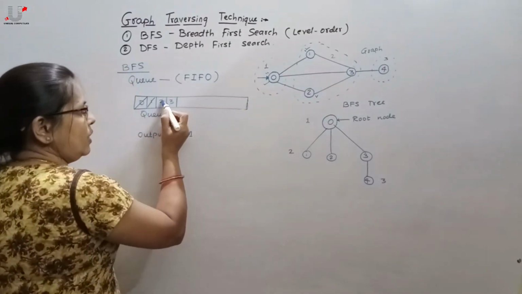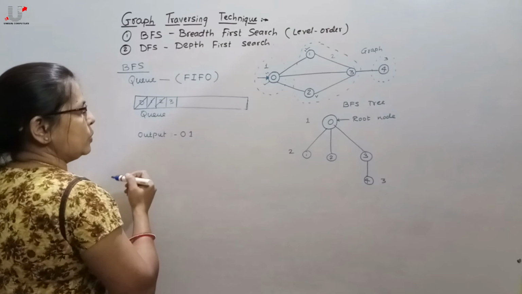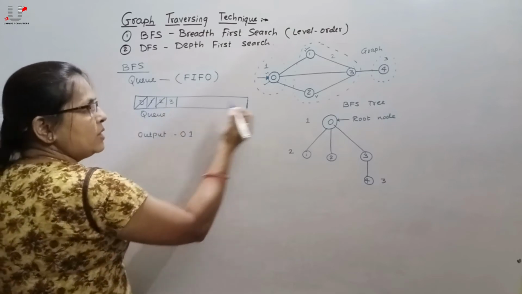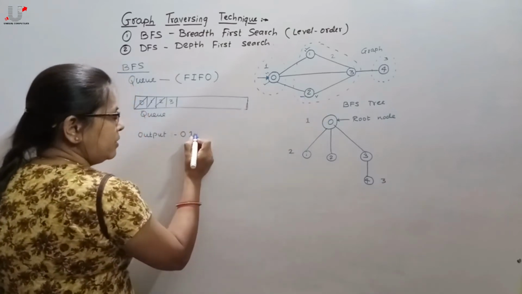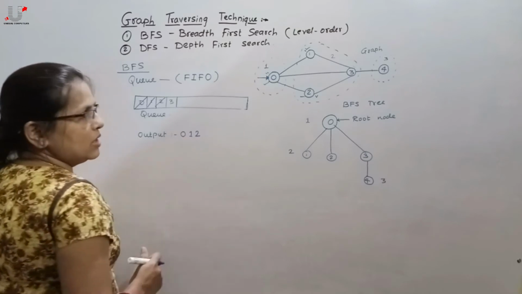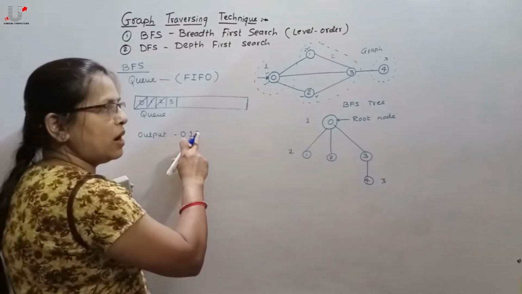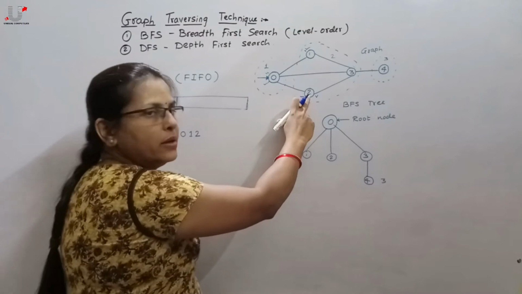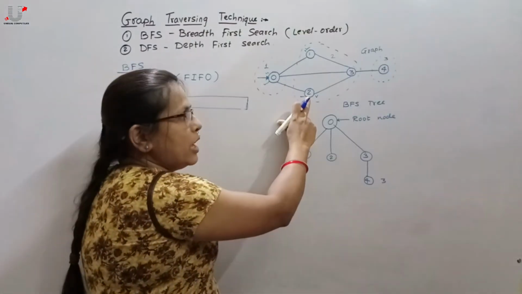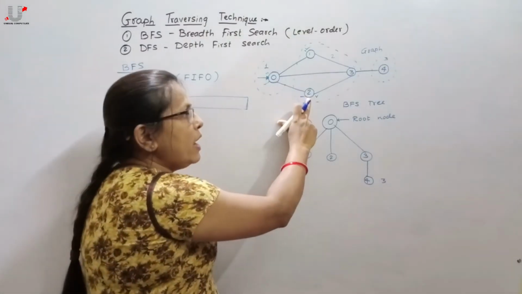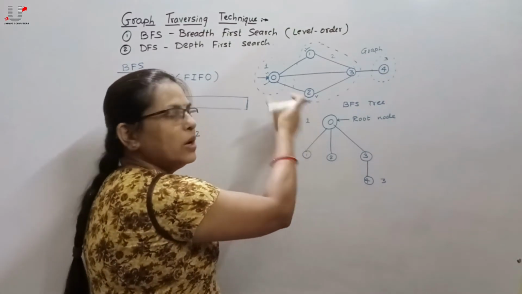Then remove the next node from the queue, it's 2, mark it visited and add it to the output list. After adding it to the output list, explore and add all the adjacent nodes of 2 into the queue.